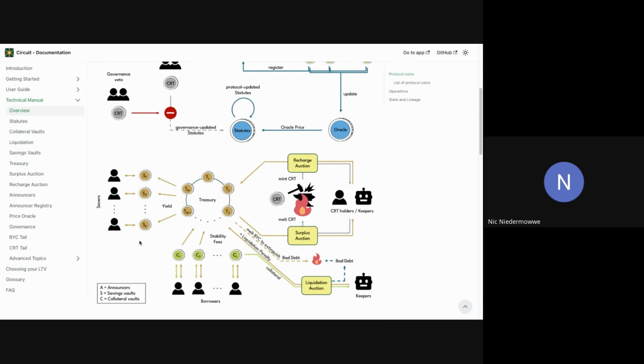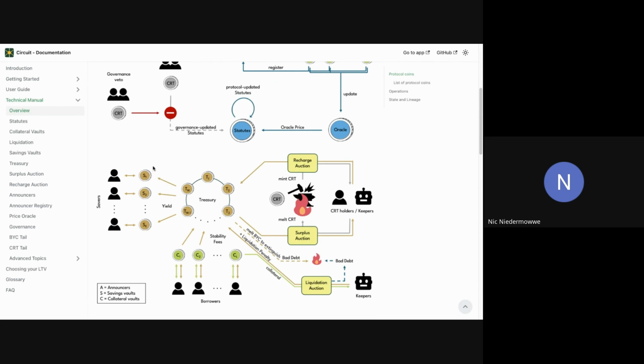Another thing that users can do, if they don't want to borrow, is take Bytecash that they can, for example, buy in the market for US dollars, and lock it up in a savings vault. The principle is the same. Each user creates their own savings vault coin, and that coin accrues interest over time.